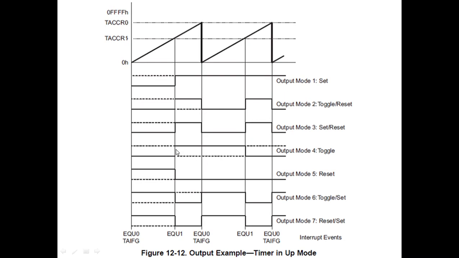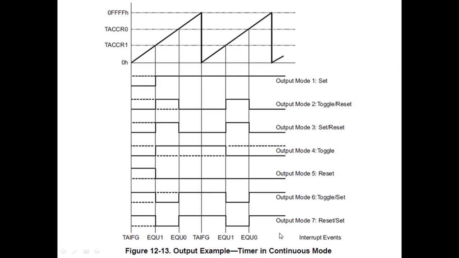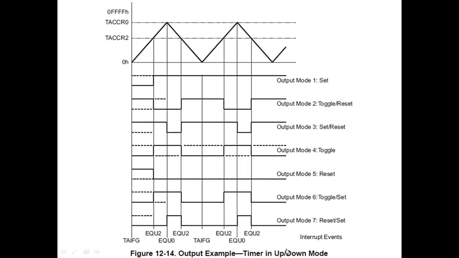Whenever it reaches the timer A capture or compare register 1 value, its value is high. Again, when it reaches the same value, its value becomes low. Similarly, there is the opposite mode. Like that, it operates in the up mode. Similarly the timer in the continuous mode. Next, the timer in the up and down modes.